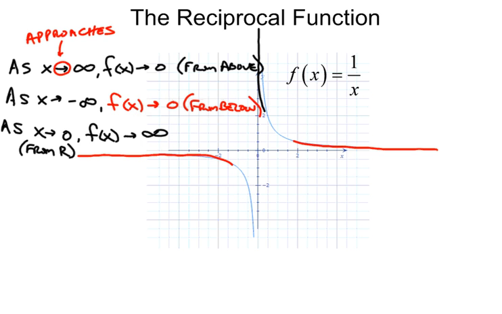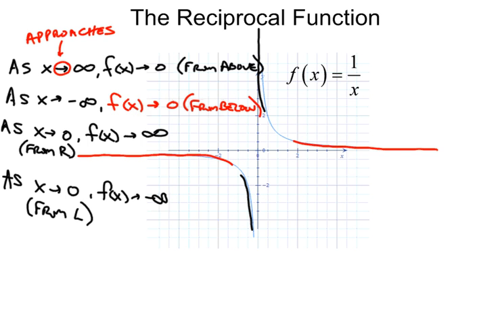It continues to increase without bound. As x approaches 0 from the left, though, f of x is approaching negative infinity. Okay? You notice here, as x gets really close to 0 from the left-hand side, our graph continues to decrease without bound, so it will be approaching negative infinity.